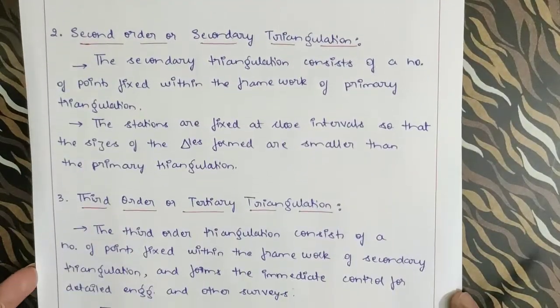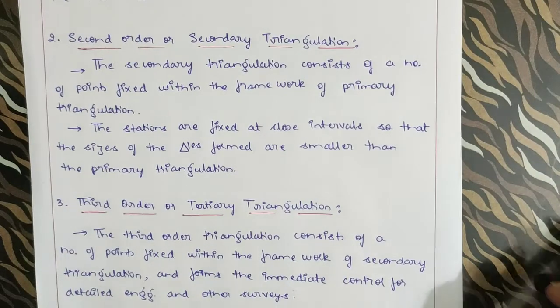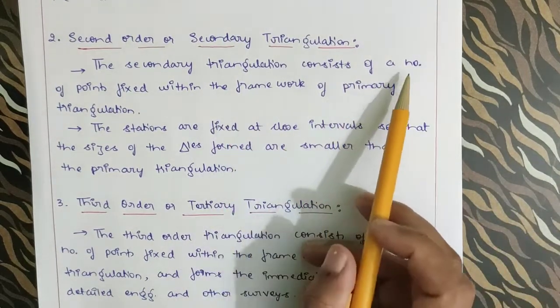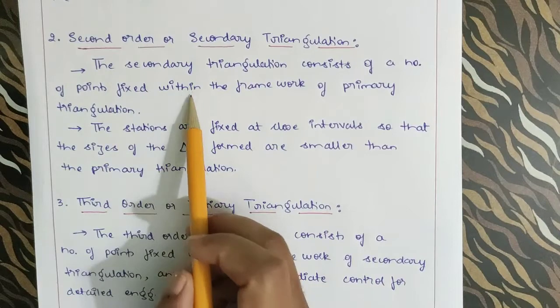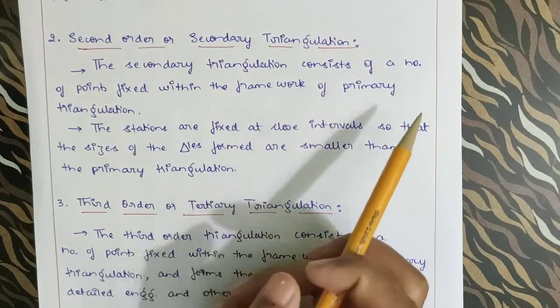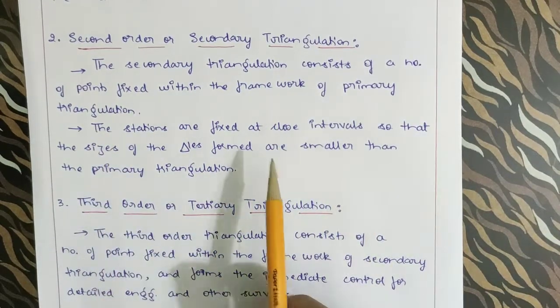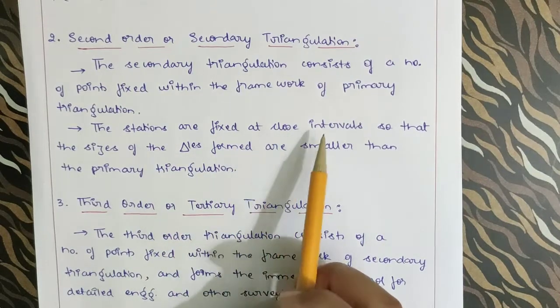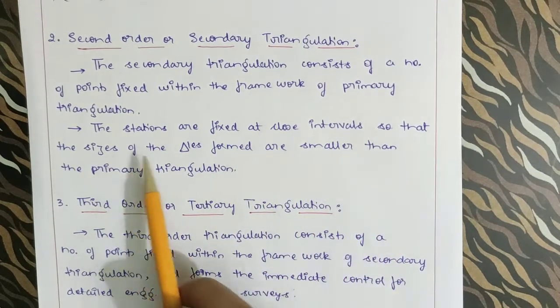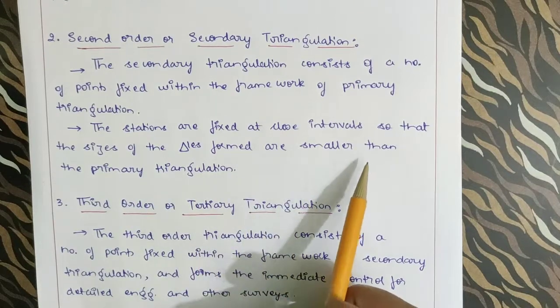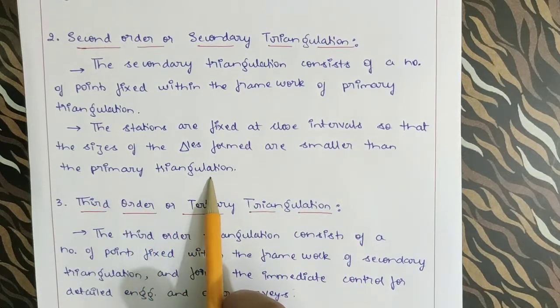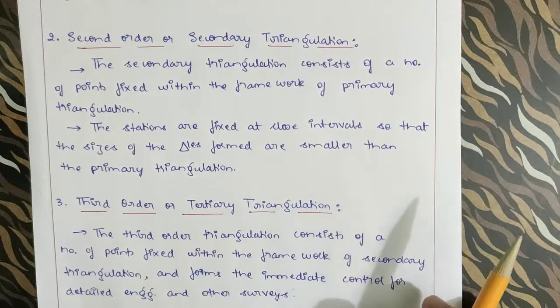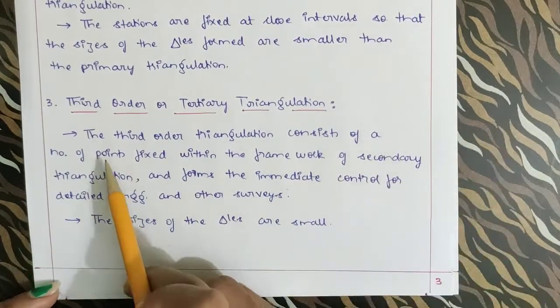Coming to the second order or secondary triangulation, the secondary triangulation consists of a number of points fixed within the framework of primary triangulation, as I explained earlier. The stations are fixed at closer intervals so that the size of triangles formed is smaller than the primary triangulation. I guess you have understood what I had explained.